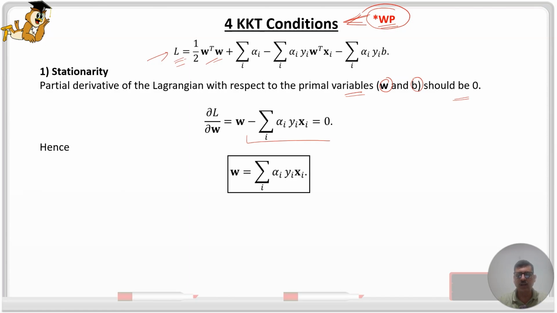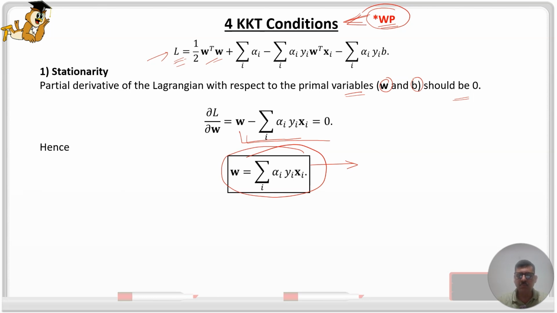Stationarity means that w minus summation of this quantity is equal to 0, which tells you the expression for w in terms of the alphas and the x's. So remember this is what you get by the first stationarity condition.